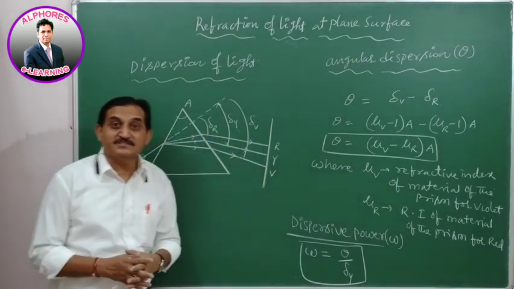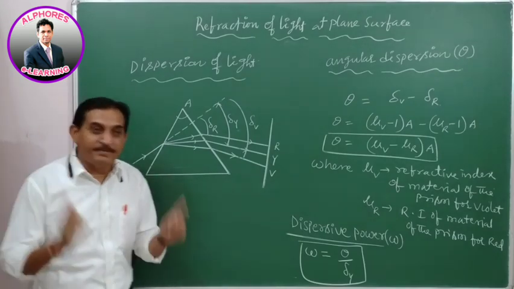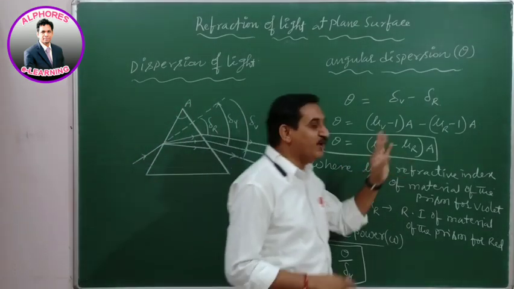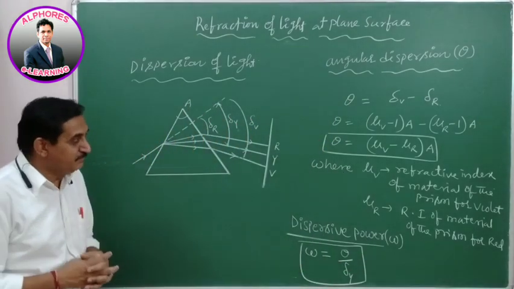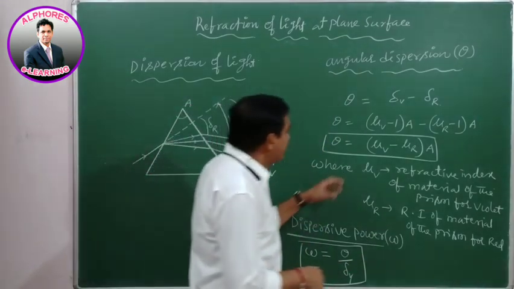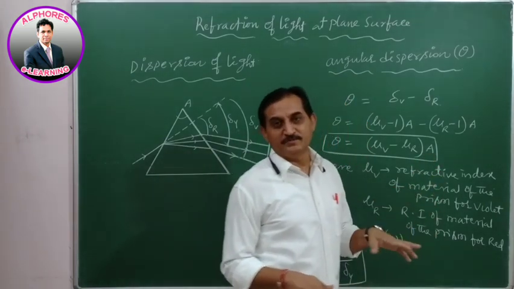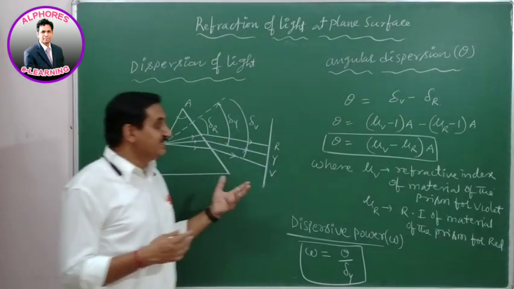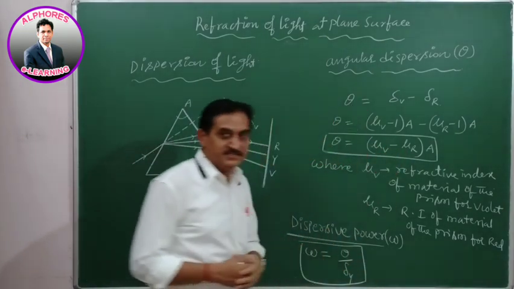Different colors give different refractive indices for the material of the prism. So angular dispersion depends on the angle of prism: if the angle of prism is more, angular dispersion is more, and it also depends on the refractive indices.